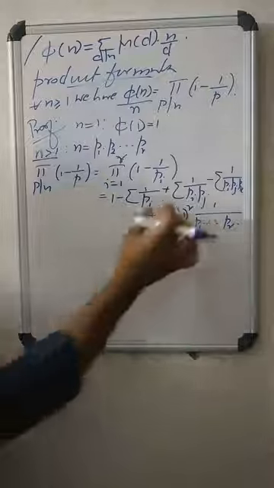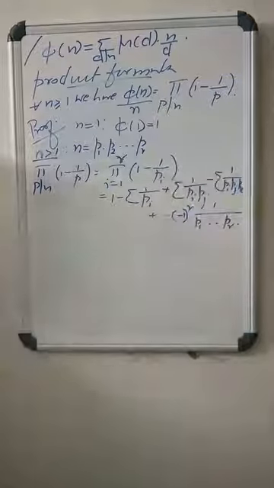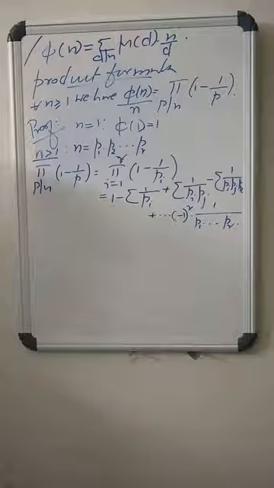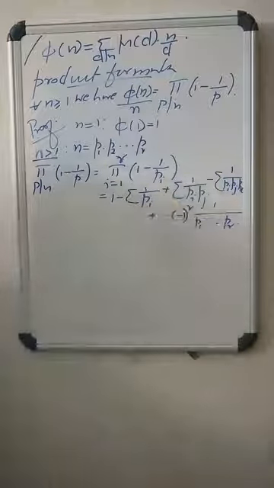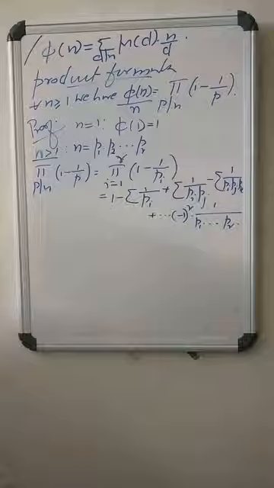So what is the sum of 1 by pi pj? It means all possible products pi pj of distinct prime factors of n taken two at a time.